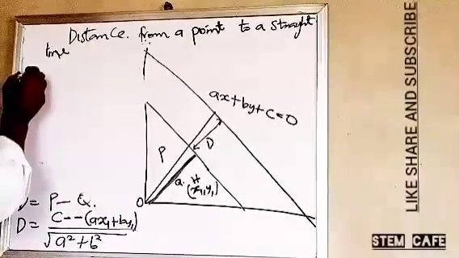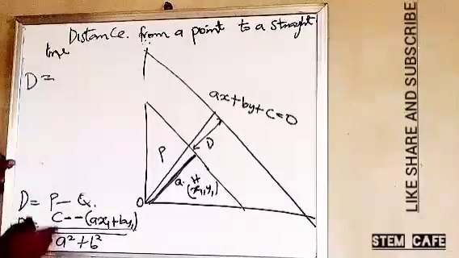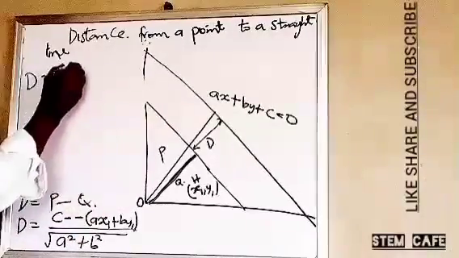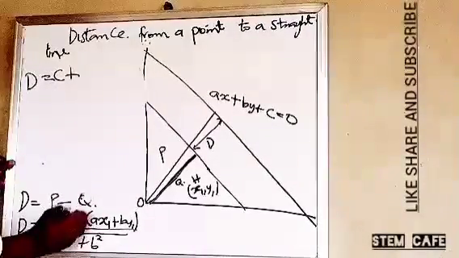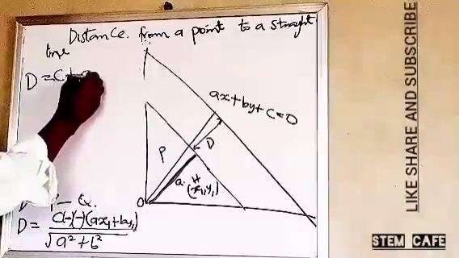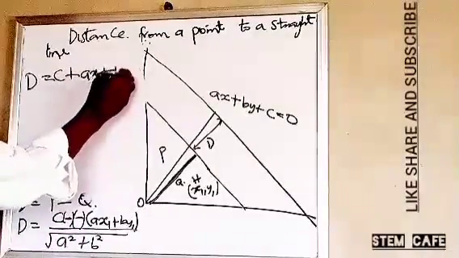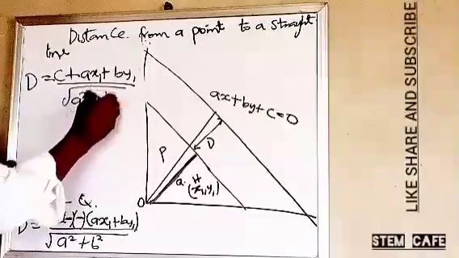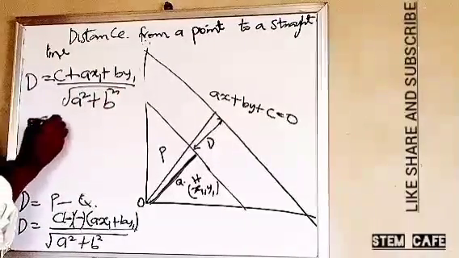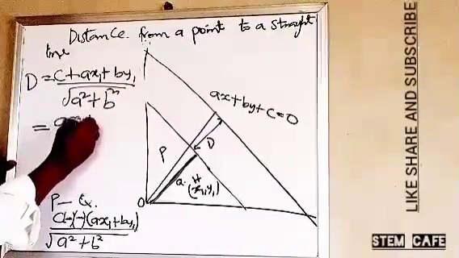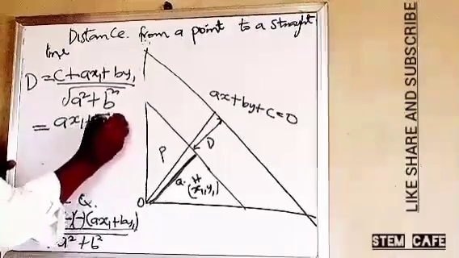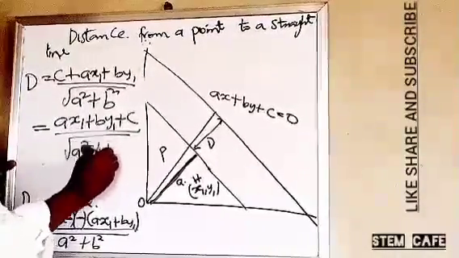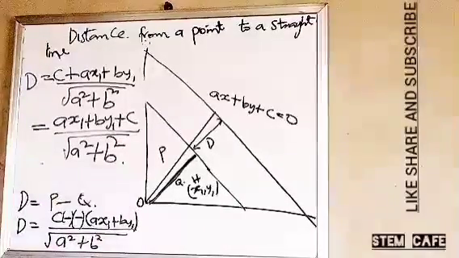Therefore, the distance from a point to a line is going to be c plus, because this one and this one will multiply each other, ax1 plus by1 over square root of a squared plus b squared, which is equal to ax1 plus by1 plus c over square root of a squared plus b squared. Thank you.